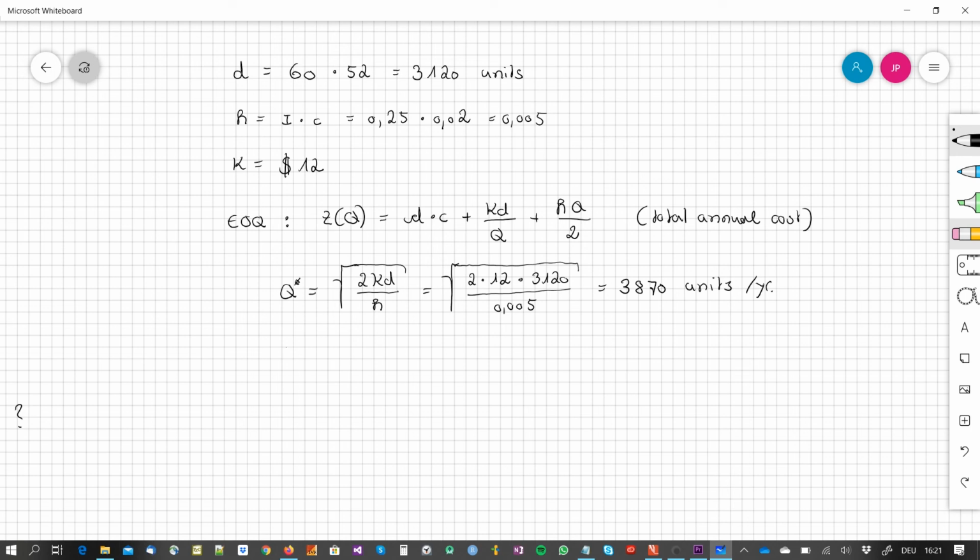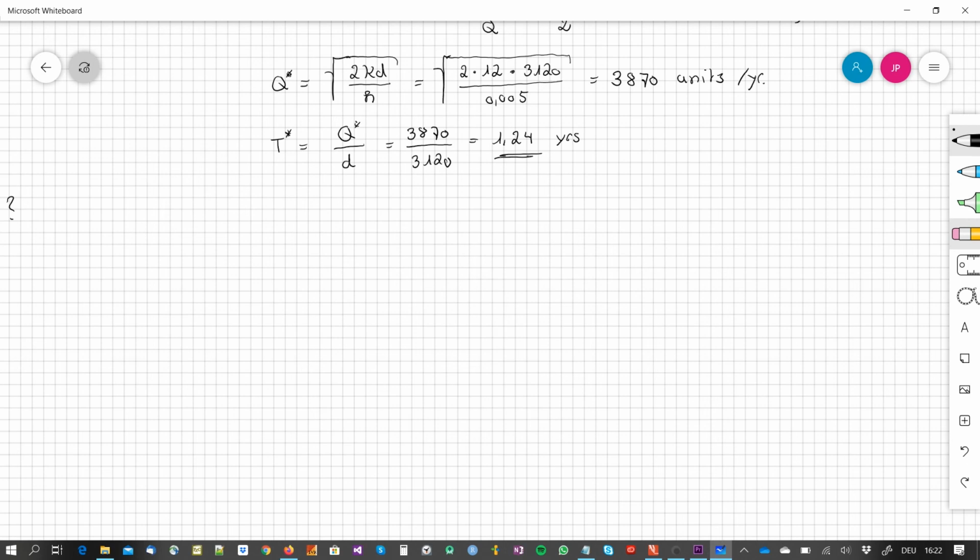Now the optimal reorder point, big T, is the optimal order quantity divided by the demand, and this is 3,870 divided by 3,120, and this is then 1.424 years.